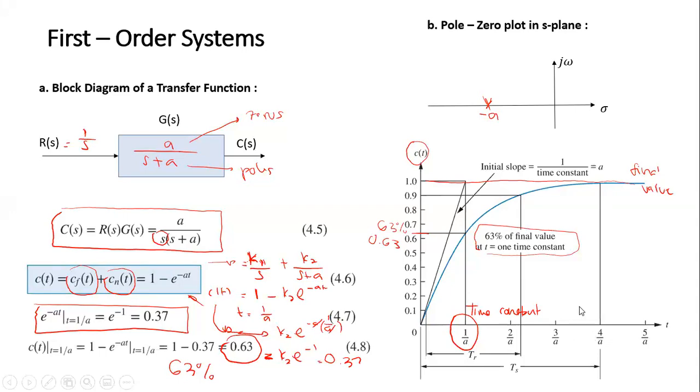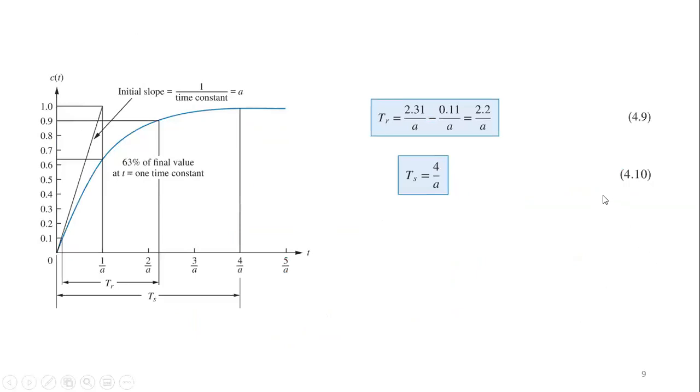From the time constant, you should be able to get Tr and Ts. Tr is the rise time and Ts is the settling time. At 63% of the final value you get time equals 1 over a, so from there you get your a.